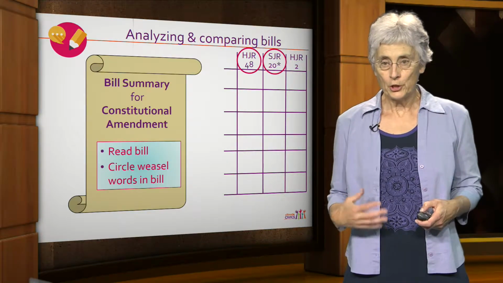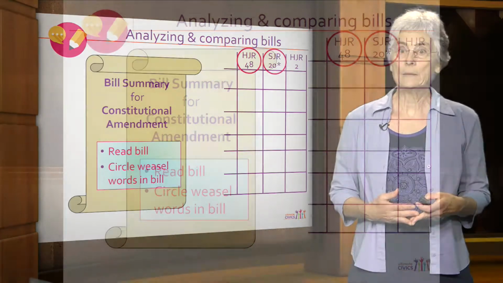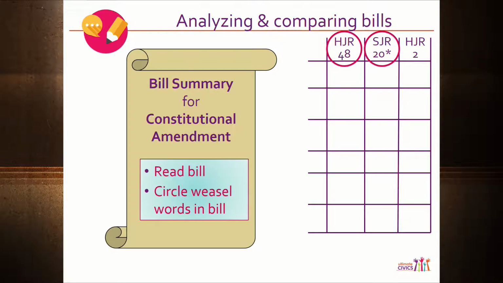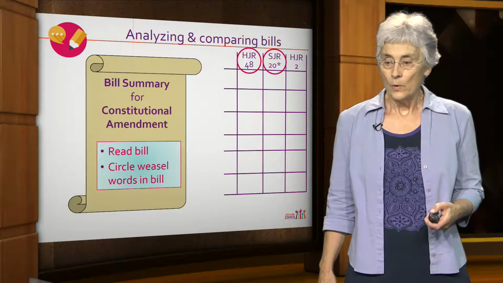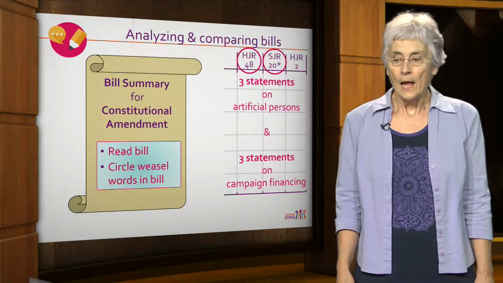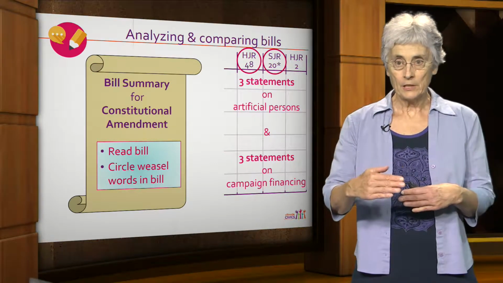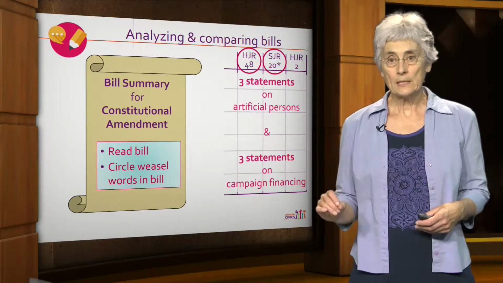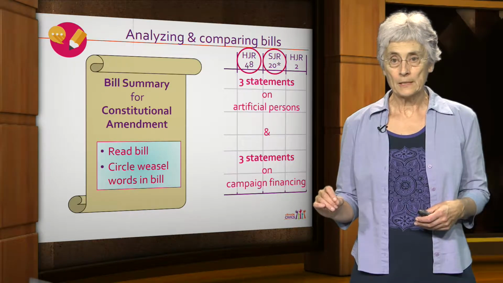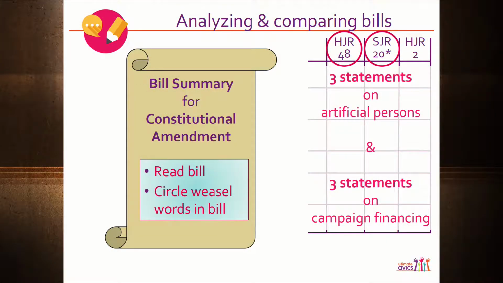So the first thing to do in your small groups is to read the bill. These are about 3 or 4 paragraphs. We will be doing this together. Circle any weasel words that you see. We're going to be starting with HJR 48, and what you'll see on your activity sheet is that there are 3 statements on artificial persons and 3 statements on campaign financing reform.